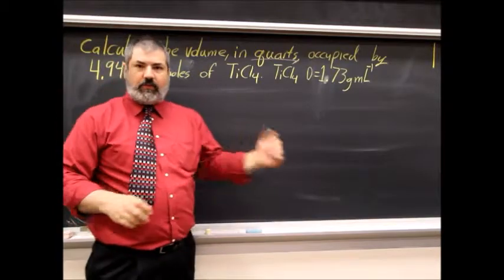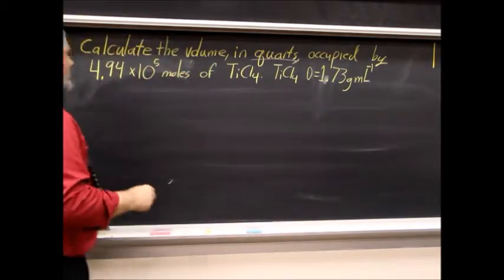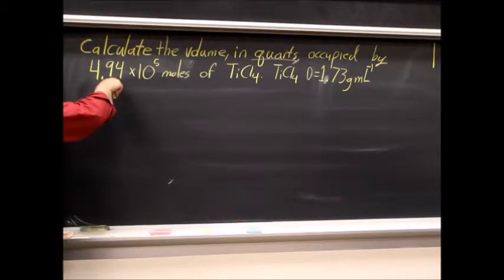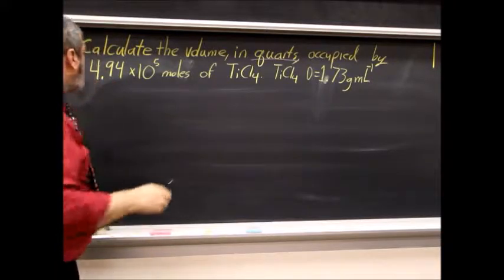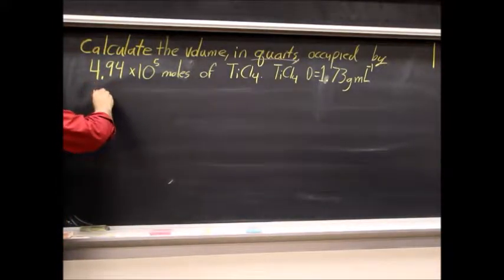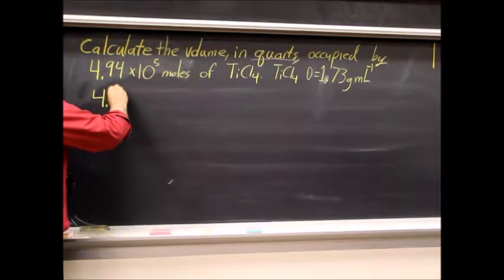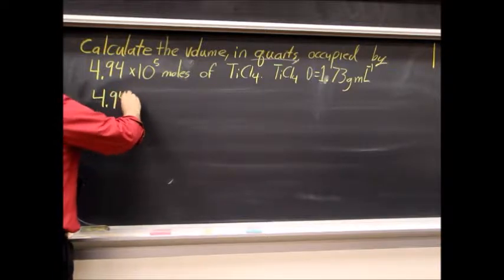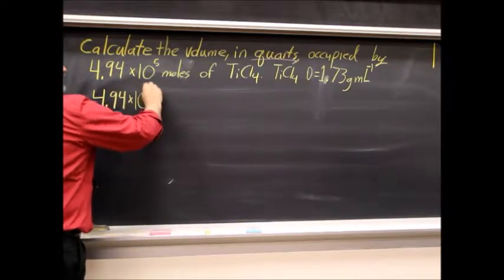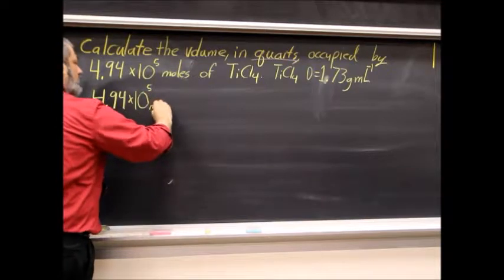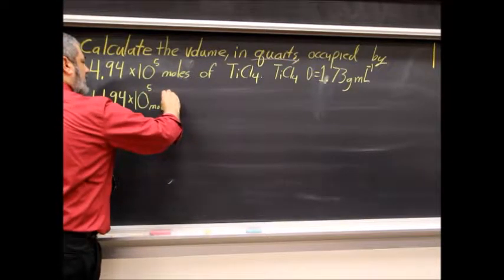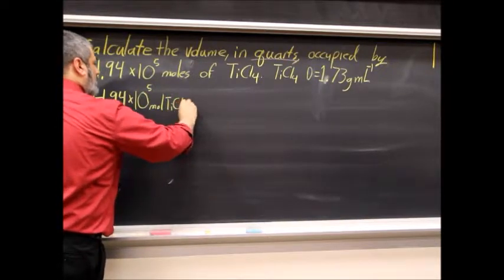Dimensional analysis, factor label, whatever you want to call it. So we have this piece of information given to us: 4.94 times 10 to the fifth moles of titanium tetrachloride.